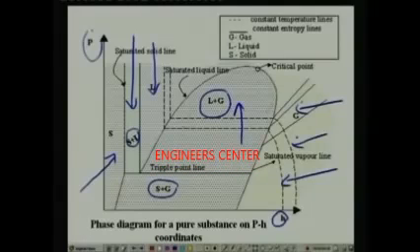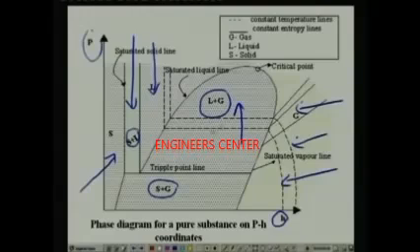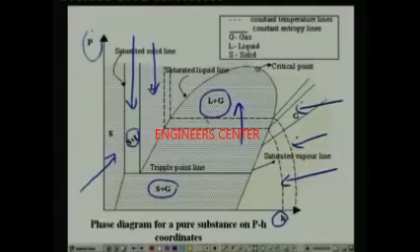That means in the two-phase region the constant temperature line is horizontal. Of course, this is in accordance with Gibbs phase rule, and when a pure substance boils or condenses at a constant pressure, its temperature remains constant. That's the reason why it is horizontal here.